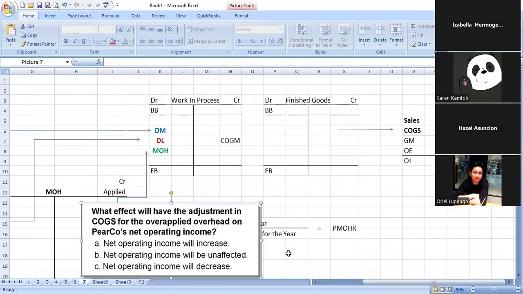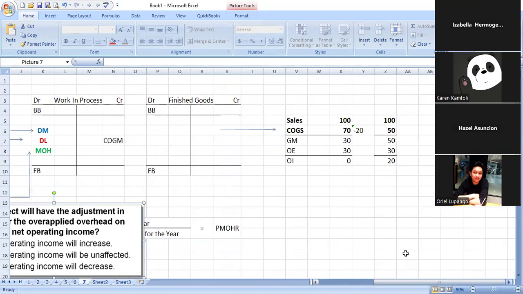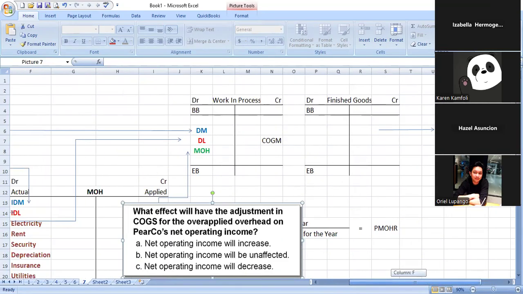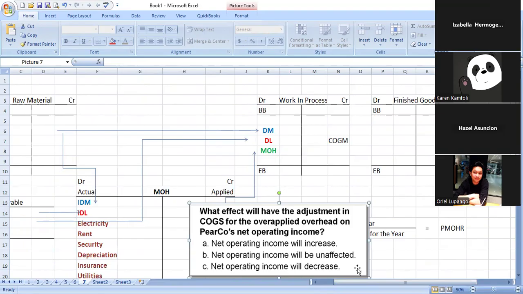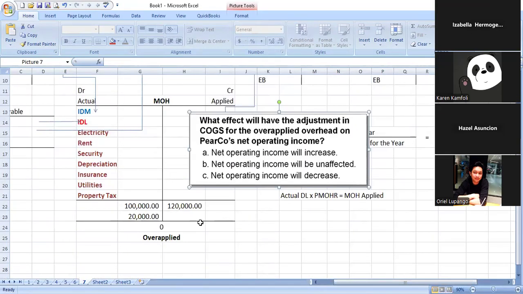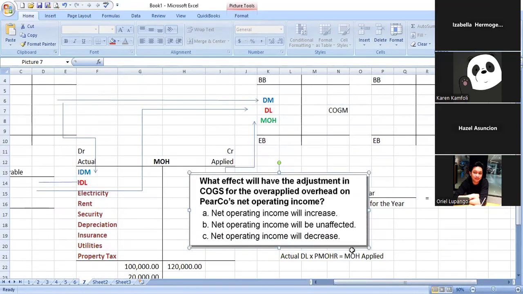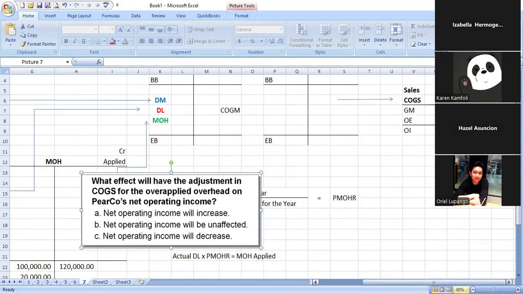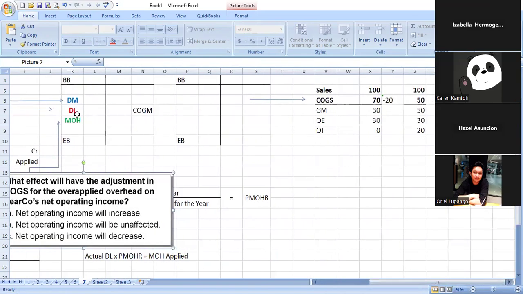Currently, where is our operating income? Is it overstated or understated? So now the manufacturing overhead, we're over applying, right?